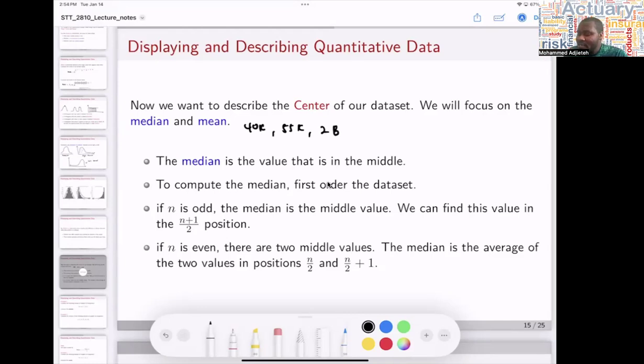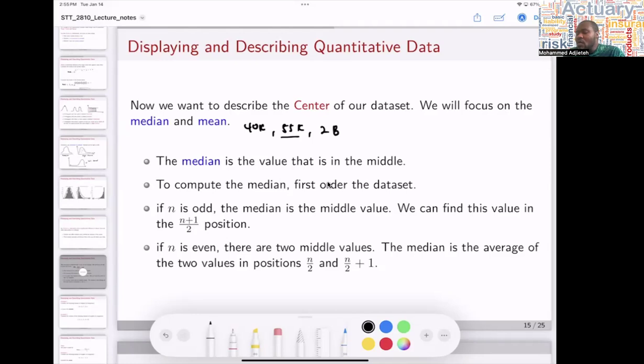But the median is going to be 55K, which is a true reflection of the situation. So in situations where we have skewness in the data, we rely on the median as the measure of the center, because it is more resistant to outliers than the mean.